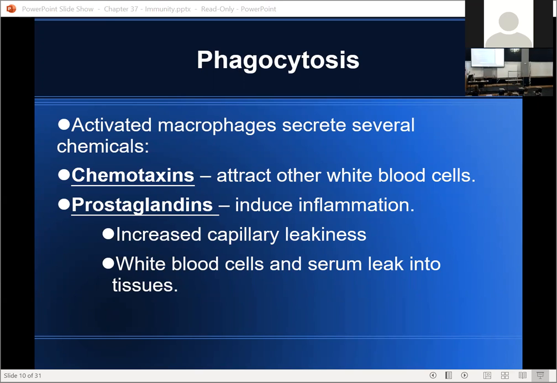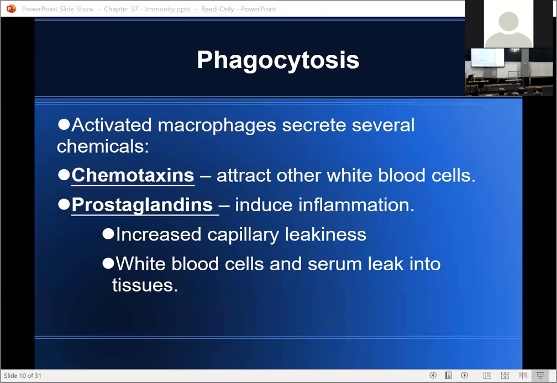Phagocytosis is engulfing, destroying, and digesting foreign invaders. Another thing that happens after a macrophage performs phagocytosis on a foreign invader is it becomes activated. Activated macrophages secrete chemicals that enhance the immune response.